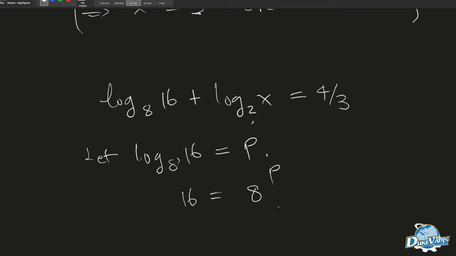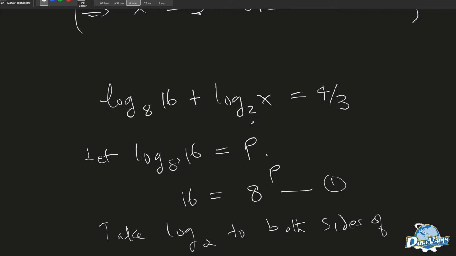Then we can take log base 2 of both sides of the equation.